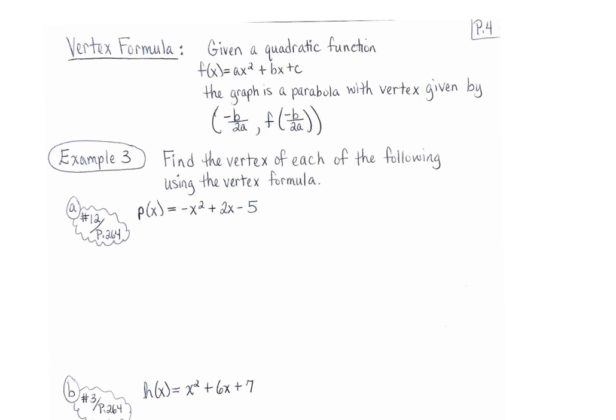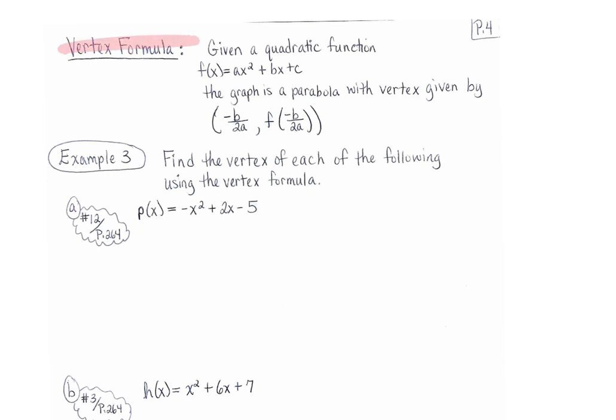We just talked about, given a quadratic function, sketching its graph by putting the function in vertex form. Now we're going to talk about being able to locate the vertex by actually using the vertex formula instead of putting your quadratic function in vertex form. Okay, so you need to know this.